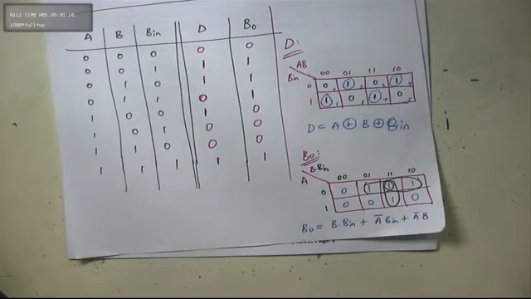B out is equal to B bar times B in, or A bar and borrow in, or A bar and B. How can we get that into a form which utilizes XOR? That's the question. I'm not going to give you the answer, because you'll have to do that in your final exam.